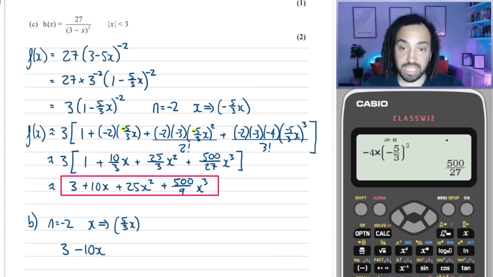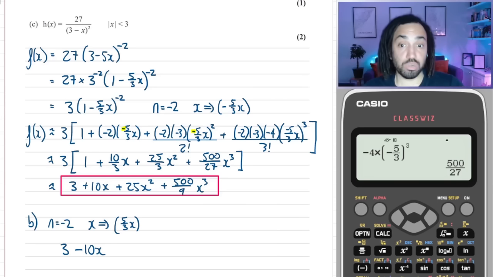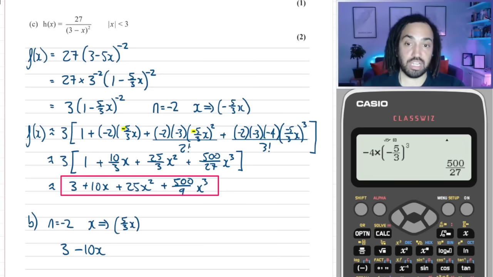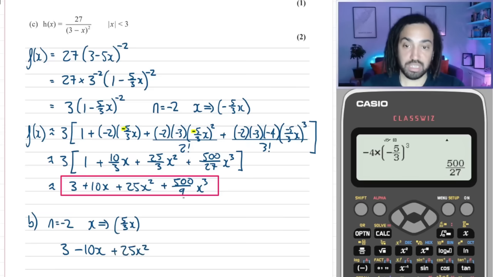Now over here, this minus is going to change to a plus, but that's not going to affect that term at all, because that minus is going to get squared, so it's going to be a plus anyway. So if we swap it for a plus, it's still going to be a plus. So that's going to be plus 25x squared.